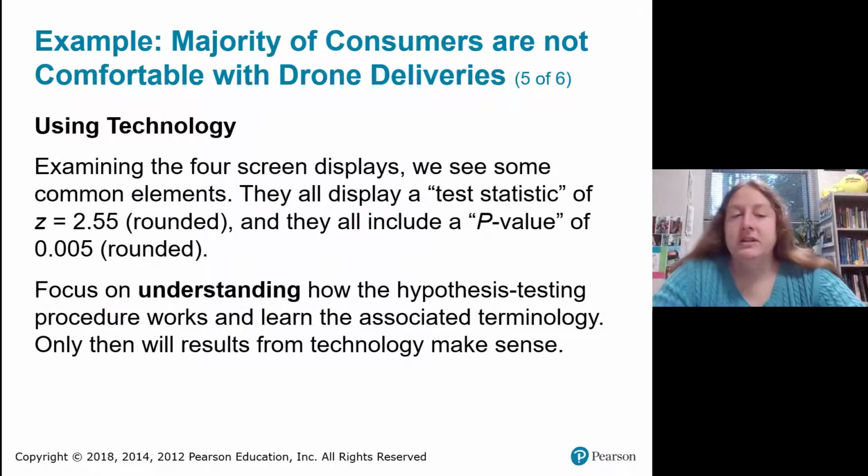All 4 screens display a test statistic of z = 2.55, which is rounded, and they all include a p-value of 0.005, which is also rounded. We want to focus on understanding how the hypothesis testing procedure works and learn the associated technology, and then we're going to be able to make sense of these results from the technology.